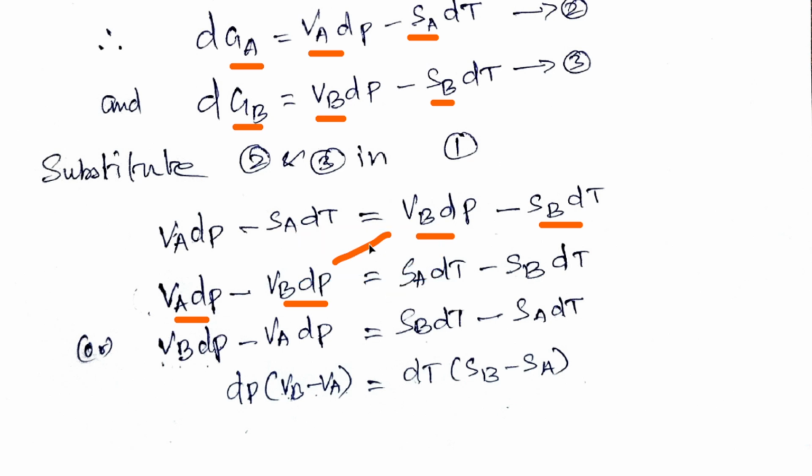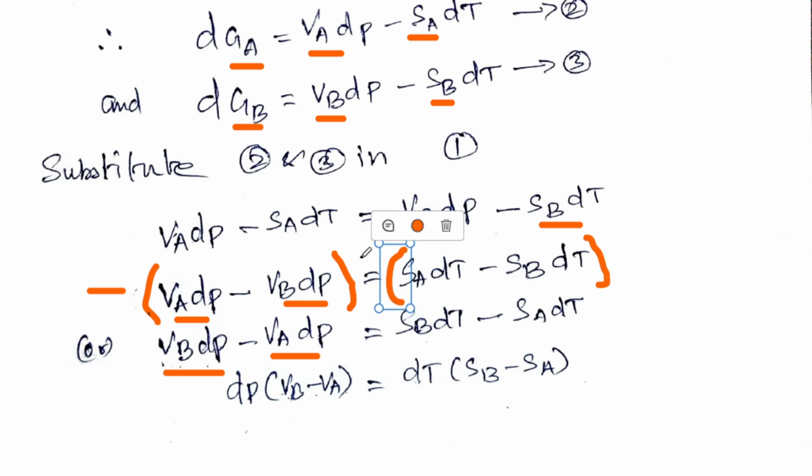Or we can also change this equation into Vb dP minus Va dP. How can I get this equation? Just multiply this equation by minus on both sides. This will become minus and this will become plus. This is how the equation becomes Vb dP minus Va dP, that is equal to Sb dT minus Sa dT.